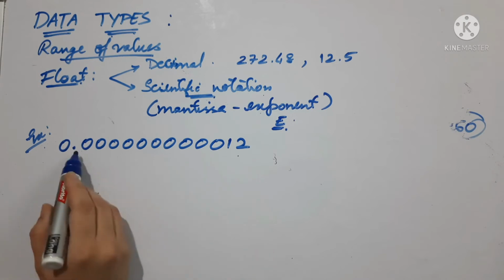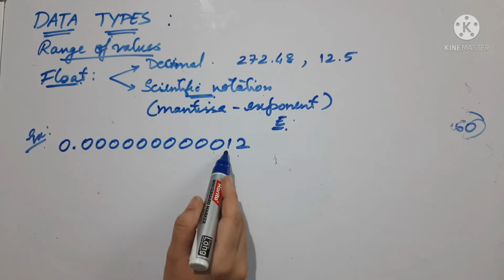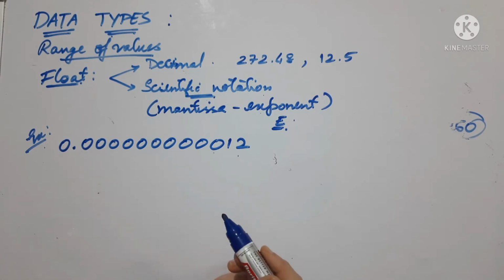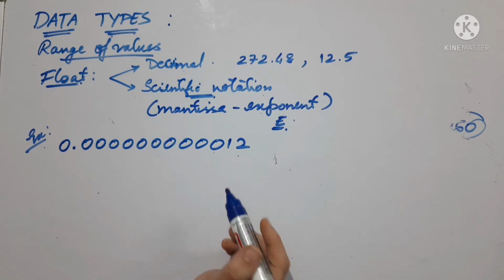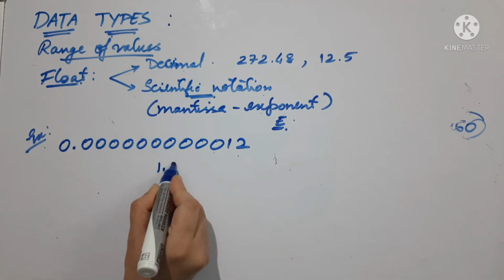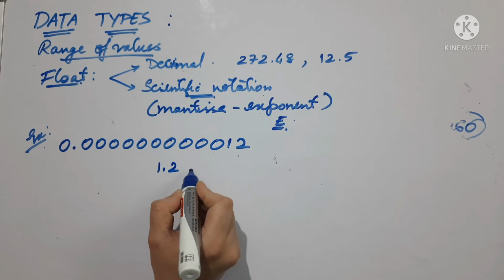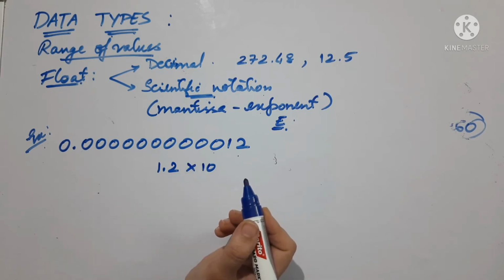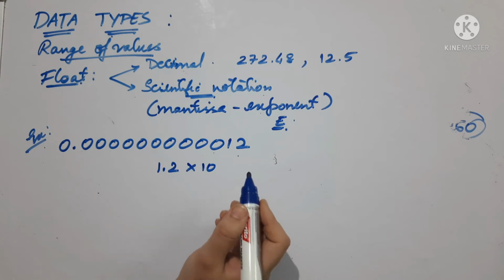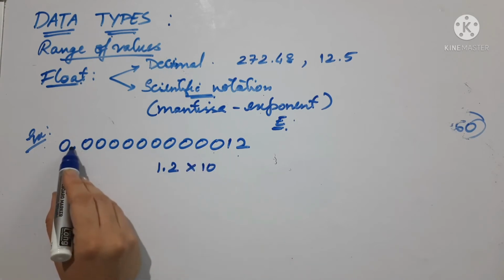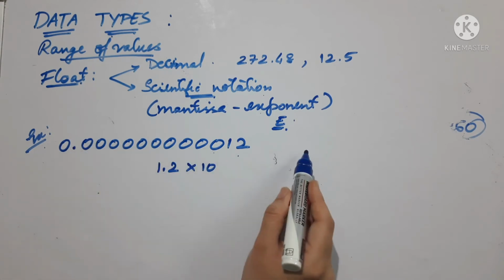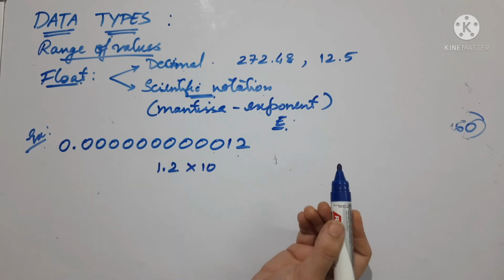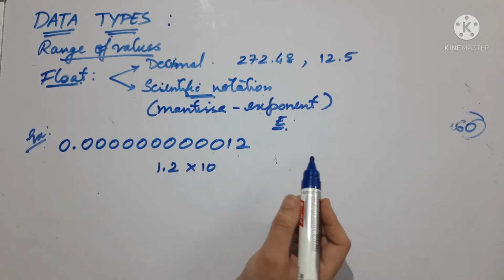Here in this value I am having 10 zeros, then I am having 1, 2. Now, suppose I want to write this value as 1.2. Can you tell me what power of 10 it should be multiplied with? The decimal point is this side. I am going to shift it towards the right side. Whenever we are shifting towards the right side, it will be a negative number.